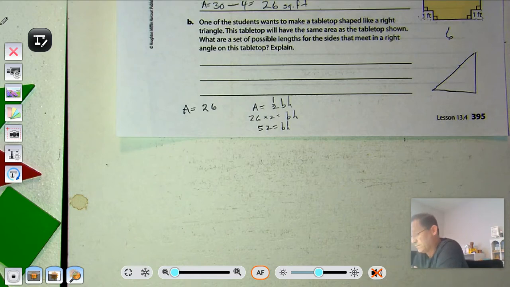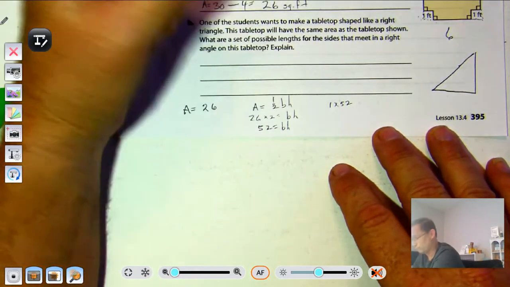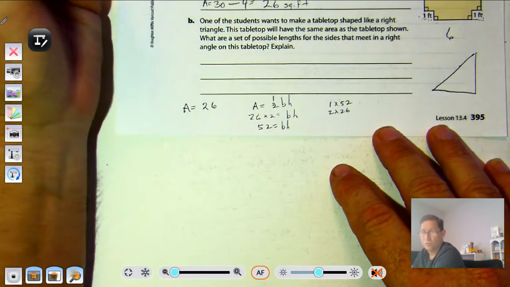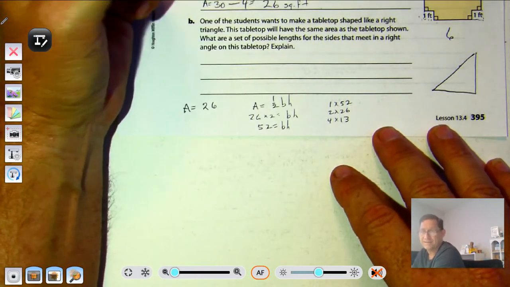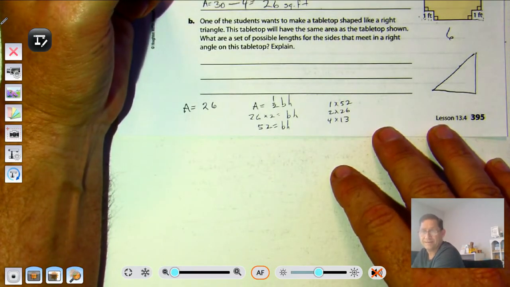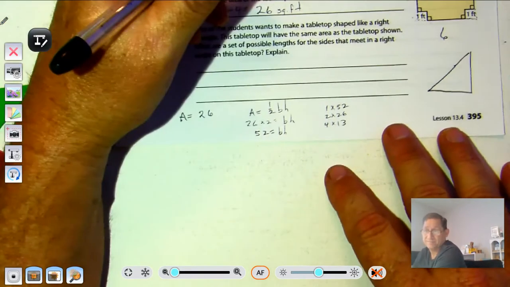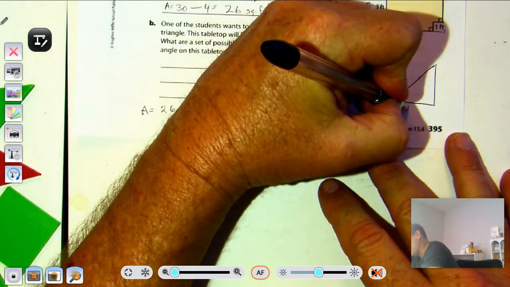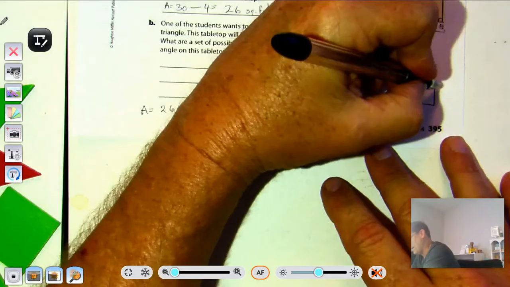All right, so what are some possibilities for 52? Well, 1 times 52, 2 times 26, 3 won't work. 4 times 13, that would work. 6 won't work, 7 won't work, 8, no. So those are really it right there. I guess I'd make it 4 by 13. So the length could be 13 and the height could be 4.